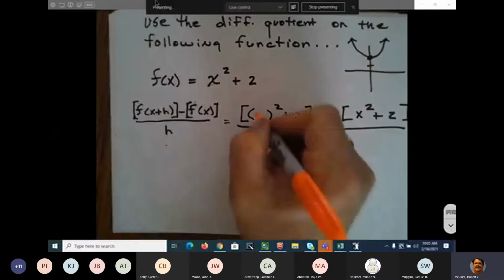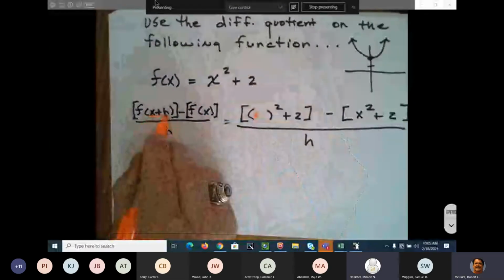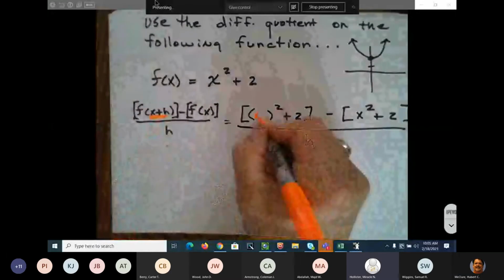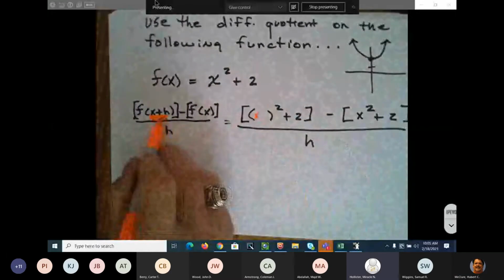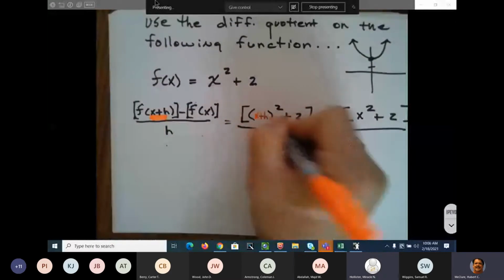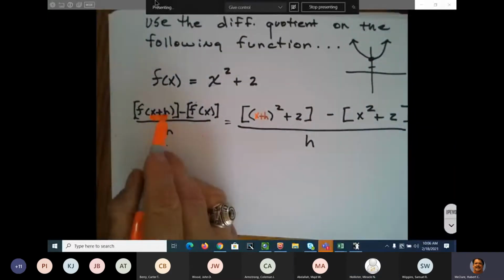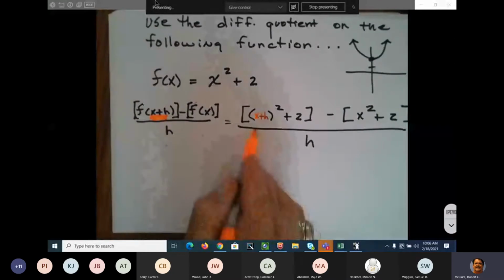X. X what? Squared. X what? Oh, x plus 2. No. X plus h. Because when you have something in parentheses, that means you're going to plug in whatever's in parentheses. And there it is right there.